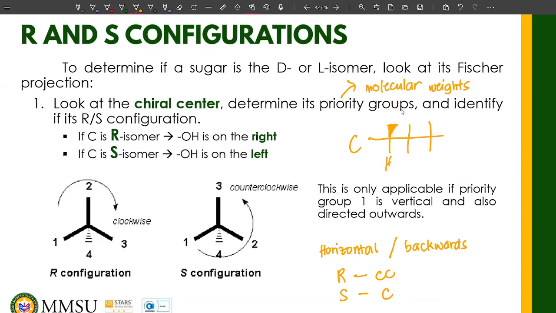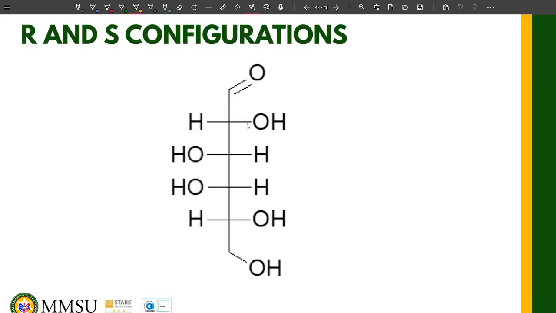So let us try examples. We have this, 1, 2, 3, 4, 5, 6. So it is an aldohexose. The chiral carbons are carbons 2, 3, 4, and 5.